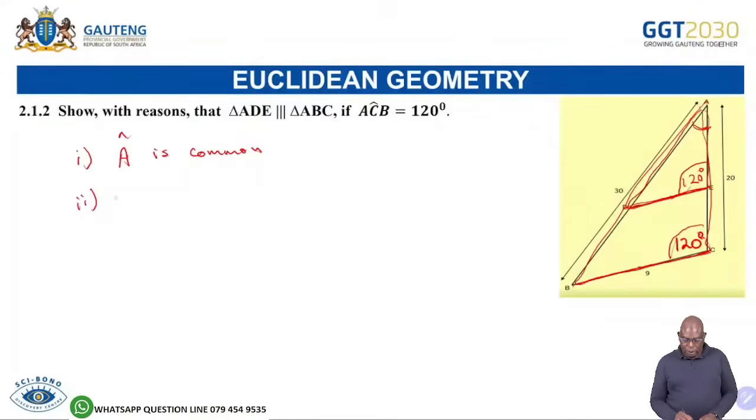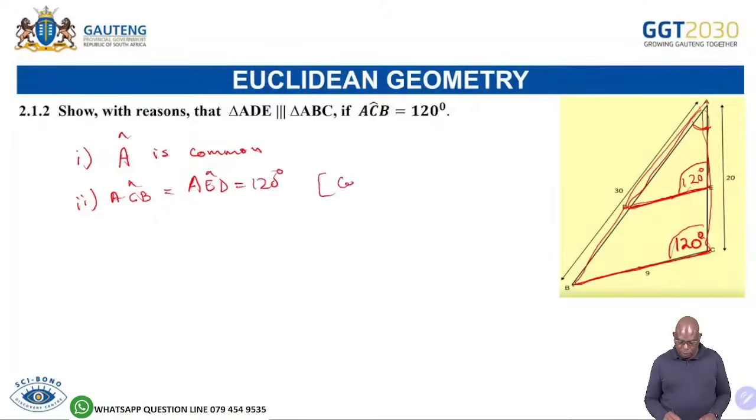So which means that angle ACB is equal to angle AED, and they're all equal to 120 degrees. So my reason can be corresponding angles.